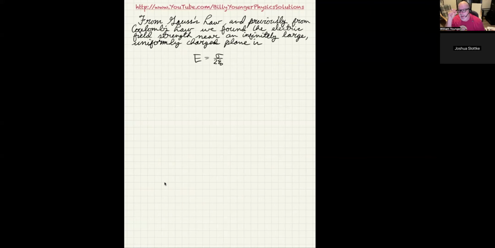Okay, we found that out. We did it just the other day also with Gauss's law. We did it before with the circular disk, and then we examined when the distance z away from the circular disk was small compared to the radius r, we got exactly this expression, sigma over 2 epsilon naught.